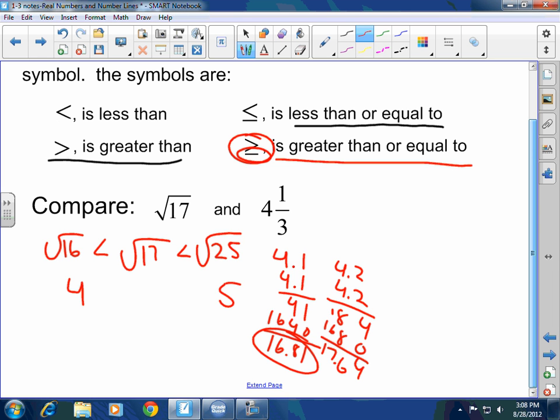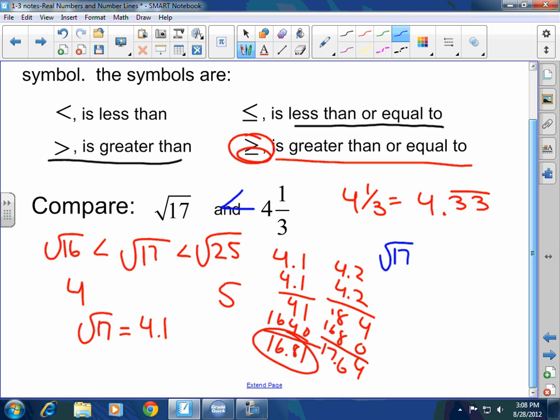So we can say easily that the square root of 17 is roughly about 4.1. 4 1/3, though, is equal to 4.33 repeating. So very easily, 4 1/3 is greater. So you would write it as the square root of 17 is less than 4 1/3. You always read from left to right.